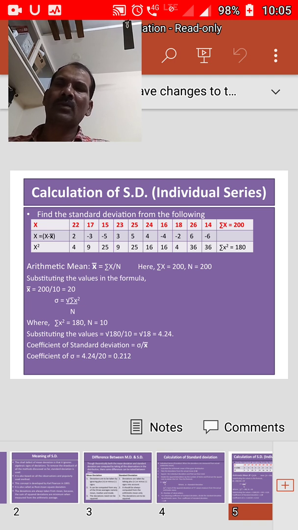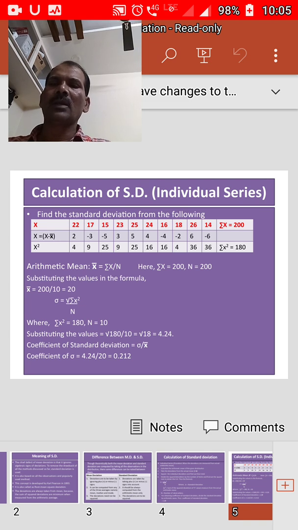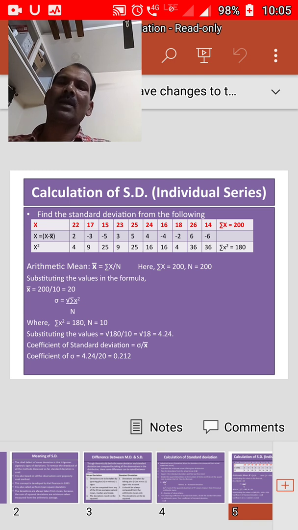If you subtract 20 from all x's, you will get 22 minus 20 is 2, 17 minus 20 is minus 3, 15 minus 20 is minus 5, 23 minus 20 is plus 3, 25 minus 20 is 5, 24 minus 20 is 4, 16 minus 20 is minus 4, 18 minus 20 is minus 2, 26 minus 20 is 6, 14 minus 20 is minus 6.